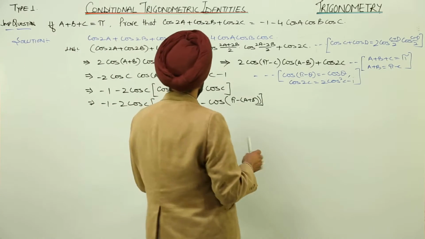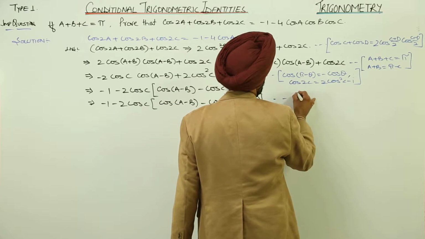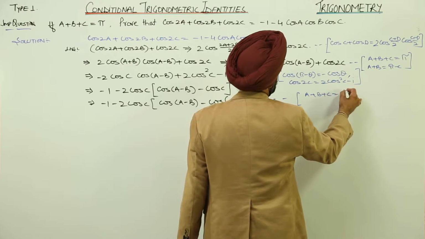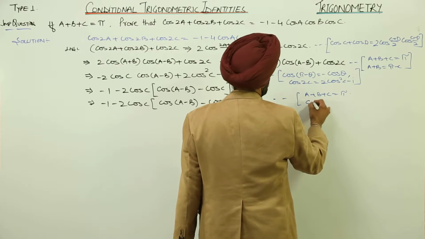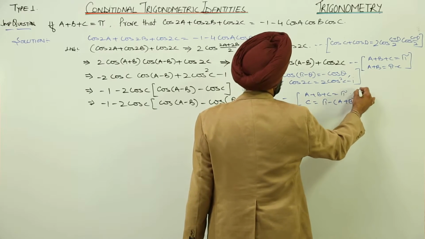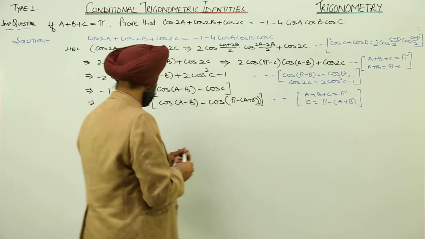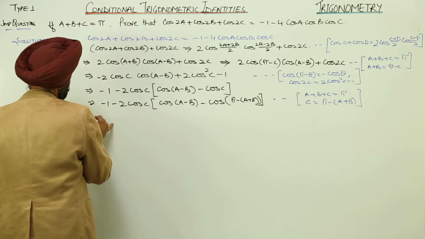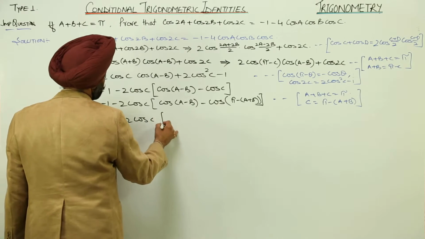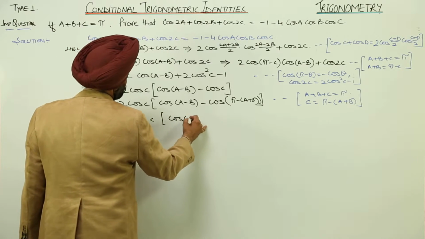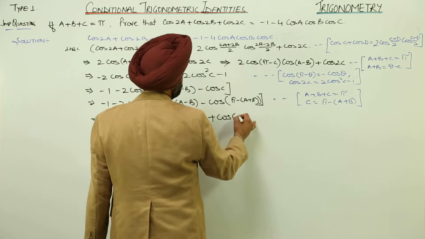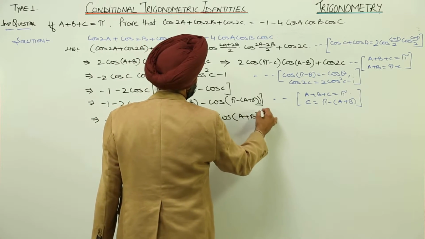Now A plus B plus C is equal to pi and C is equal to pi minus (A plus B). Negative 1, negative 2 cos C, cos (A minus B) plus cos (A plus B).